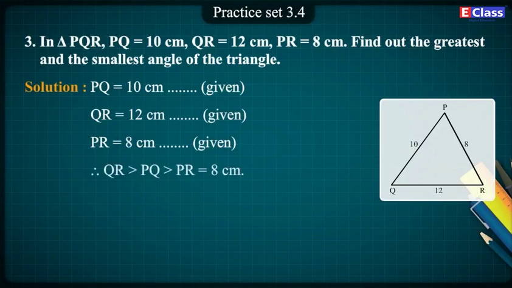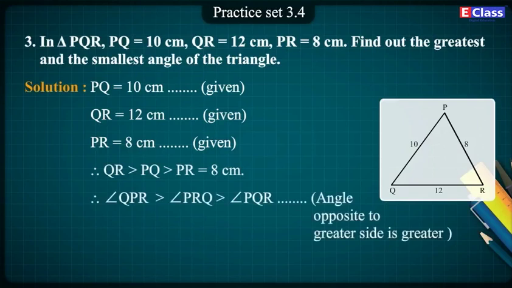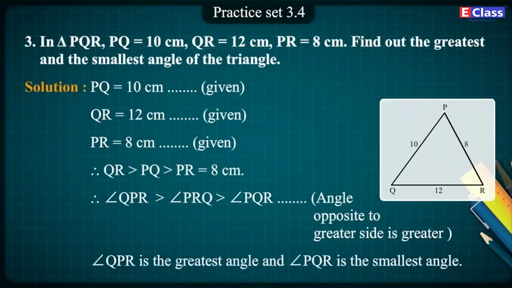Therefore, angle QPR is greater than angle PRQ, which is greater than angle PQR, as the angle opposite to greater side is greater. Angle QPR is the greatest angle and angle PQR is the smallest angle.